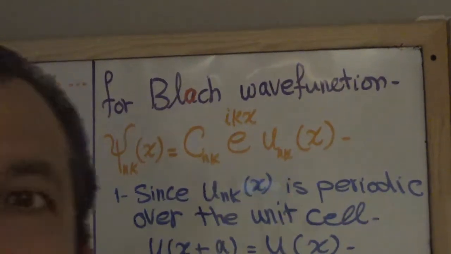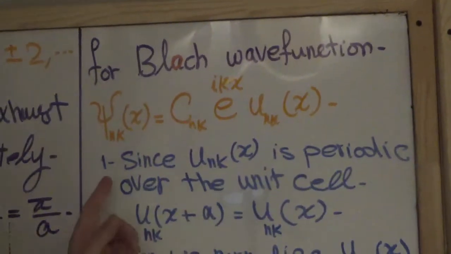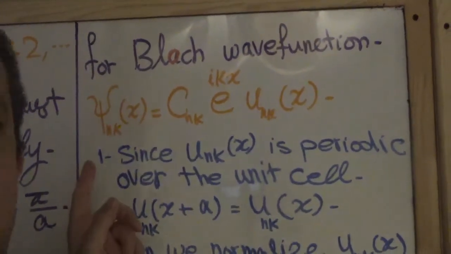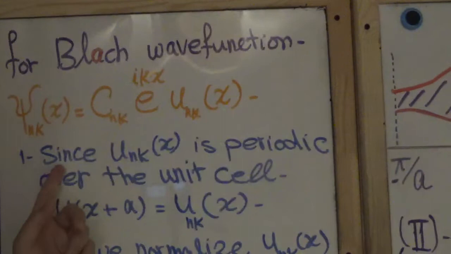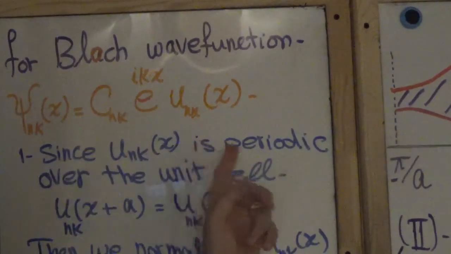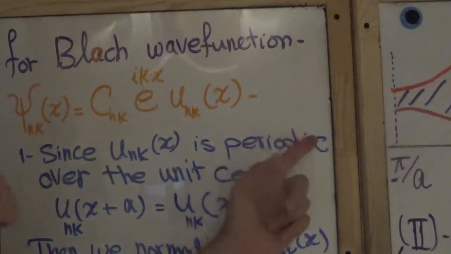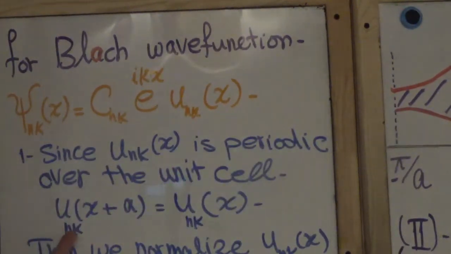Now, guys, since this is very important, you can see that u_nk as a function of x is periodic over the unit cell, as I mentioned. That means u_nk as a function of x plus a is equal to u_nk as a function of x. This is the periodic wave function.